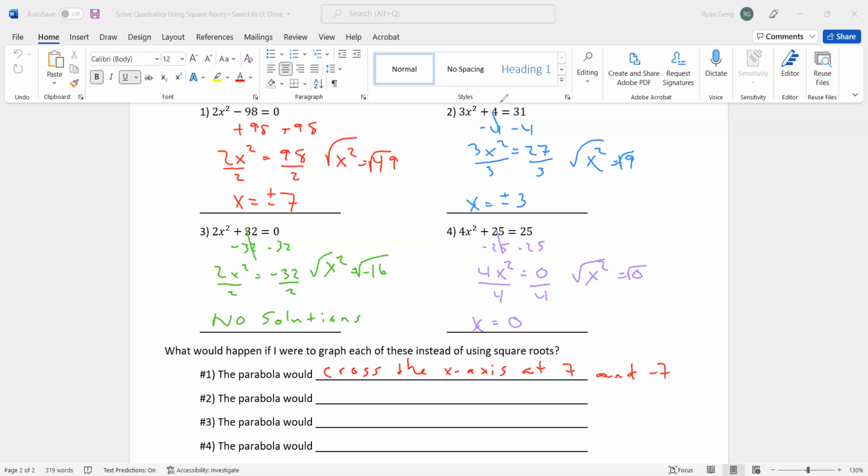Right? Those are the solutions. On number 2, it would cross the x-axis at 3 and negative 3.